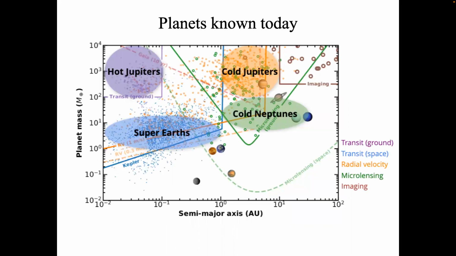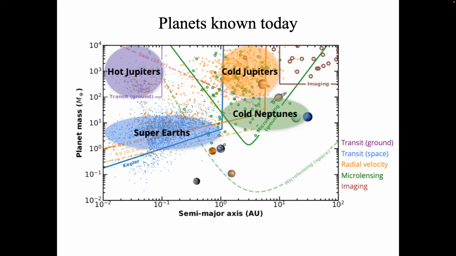And if we put all these planets in this diagram, on the axes you can see the planet mass in units of Earth masses versus the semi-major axis of their orbit in astronomical units, that means the separation of each planet from its parent star.